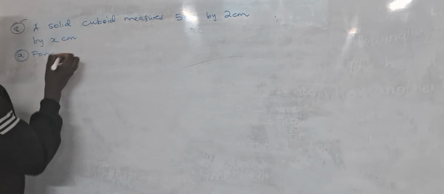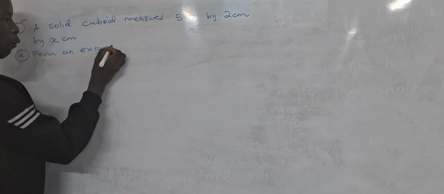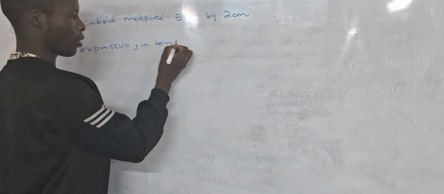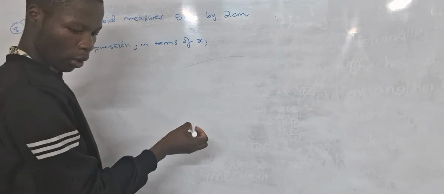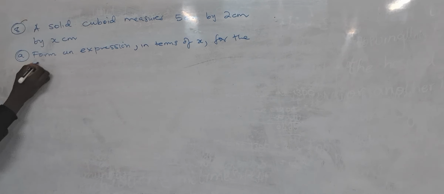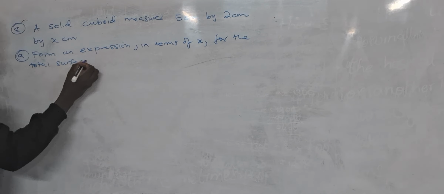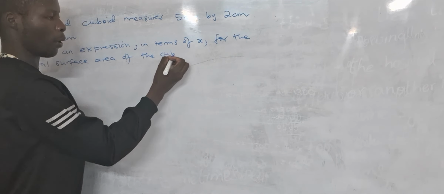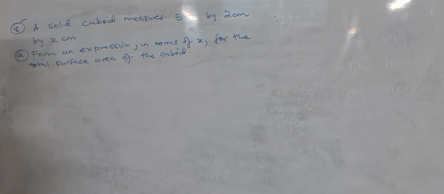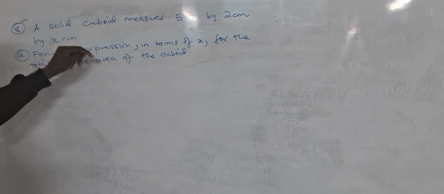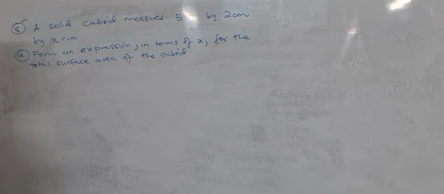Question A. Form an expression in terms of x for the total surface area of the cuboid. Okay. So this is the question. A solid cuboid measures 5 cm by 2 cm by x centimeter. Form an expression in terms of x for the total surface area of the cuboid.